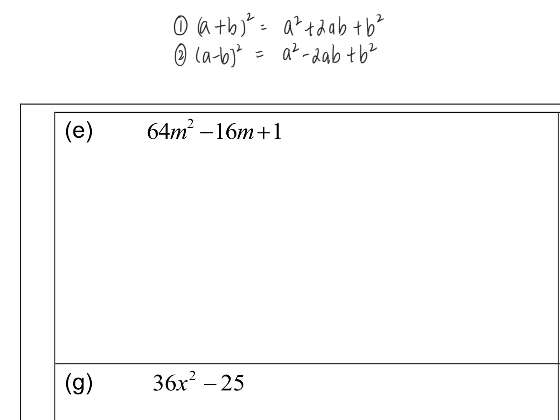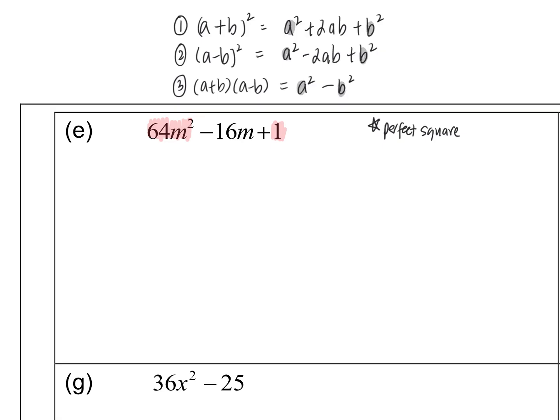And then the very last one is where both are of opposite sign, and then I end up having only 2 terms. So when you look at the expression they gave you, the first thing you check is if the first one and the last one are perfect squares. Because if you want to use this, they must both be perfect squares.